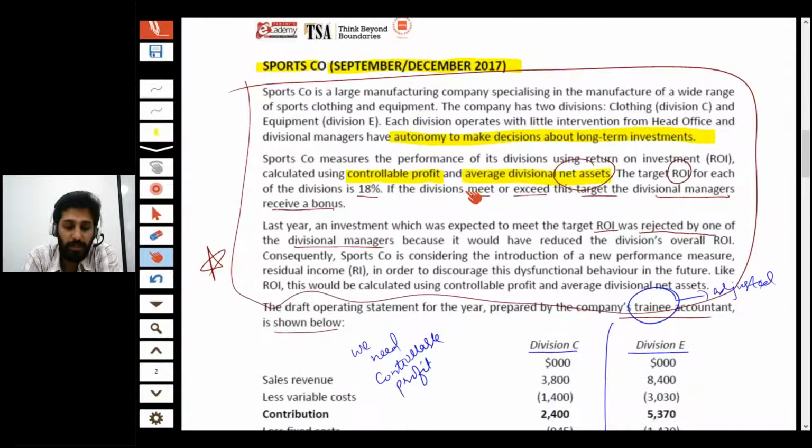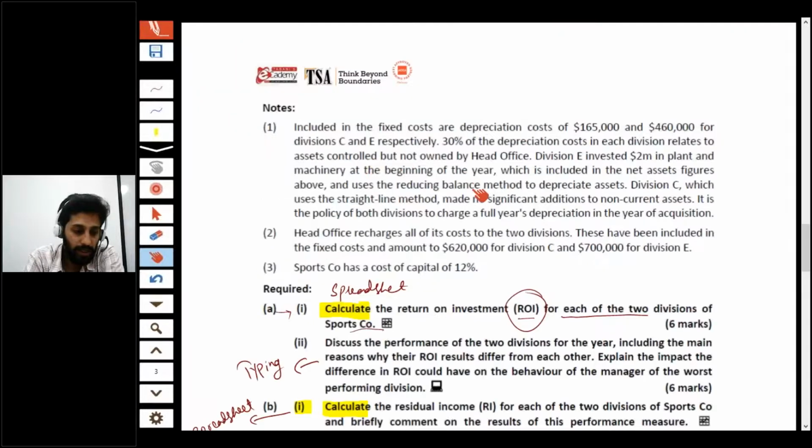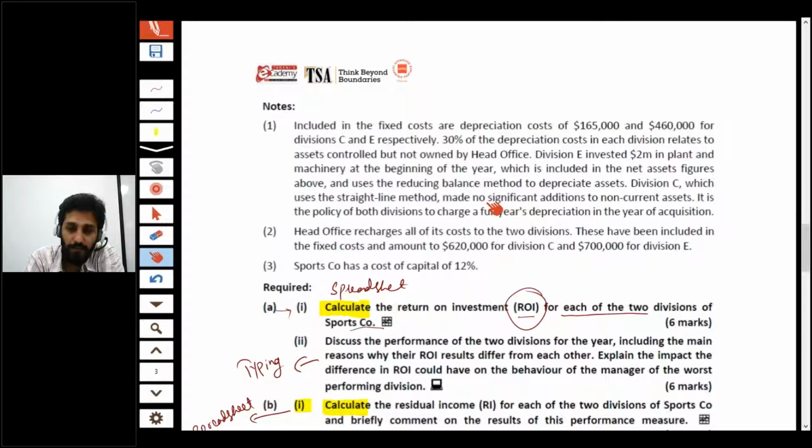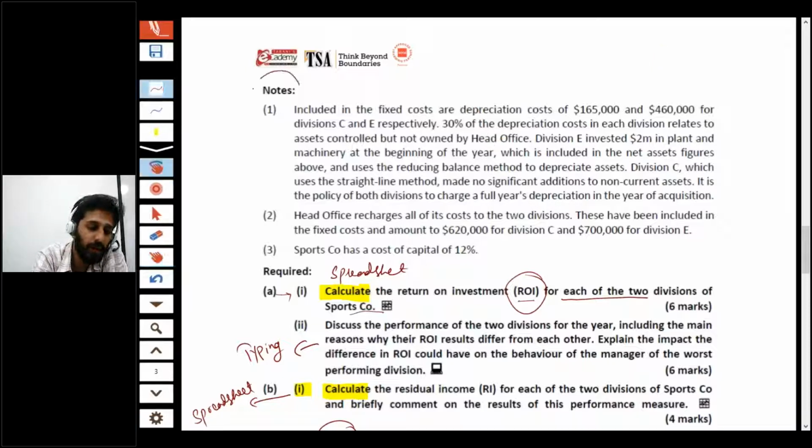Now these are the figures. You might have noticed that these notes are very important. These three notes. I'm giving you a 1 minute window to read this. Notes 1, 2 and 3. Please read them thoroughly. This is very, very important information.